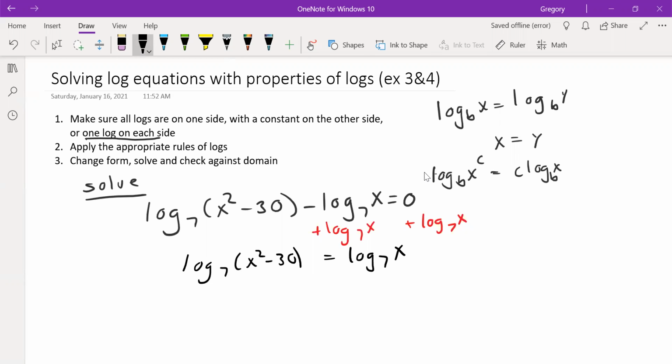For my log on the left, there is no rule for that. But the equation being what it is now, since I have log base 7 on the left side and log base 7 on the right side, I can effectively get rid of them. So I'm now left with x squared minus 30 equals x.